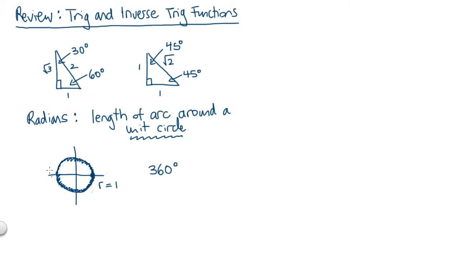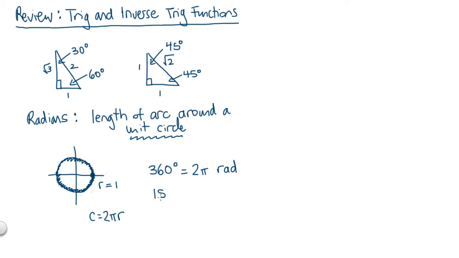So we're getting the full circumference of the circle. We know that circumference of a circle is 2 pi times the radius. And in this case, our radius is 1. So the circumference of our circle would be 2 pi. And we're talking about a number of radians there. So 360 degrees is the same thing as 2 pi radians.